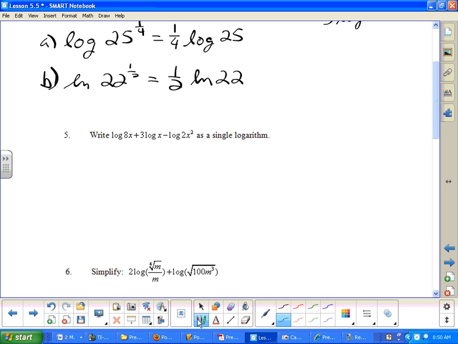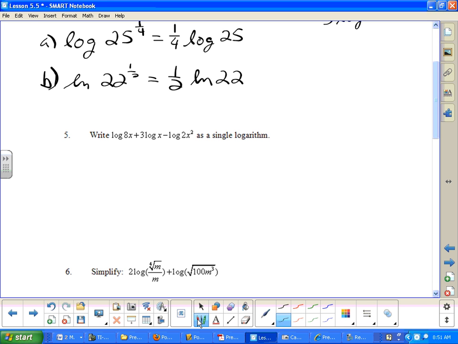Okay, so for number 5, they want us to simplify this logarithm. They want us to write it as a single logarithm. In this, we have plus signs and minus signs, and numbers in front of logarithms. To simplify this to a single logarithm, we must have 1 log of each thing.